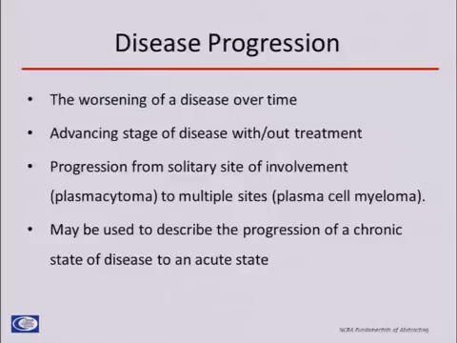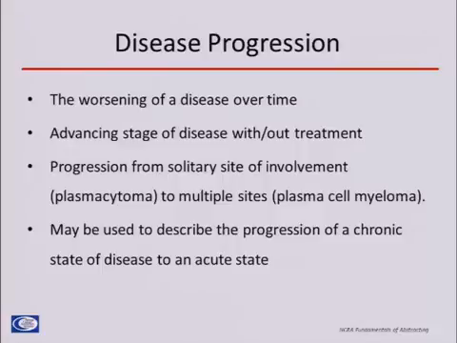Or in the instance of, for example, plasmacytoma, which is a disease of the plasma cells, we use it as one of our examples. Plasmacytoma frequently will start out as a single site, and a lot of times it'll involve the spine, and it'll be a spinal plasmacytoma. If it's one, it's solitary.